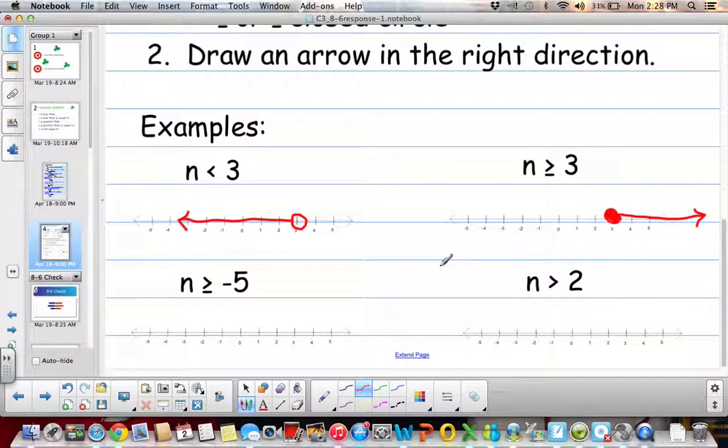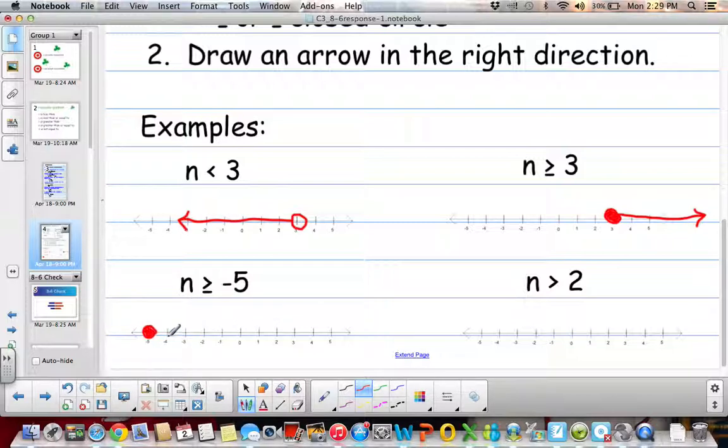It gets confusing when you have a negative number, like this one. We have n is greater than or equal to negative 5. It's greater than or equal to, so we're going to draw a closed circle. We have to think, it has to be any number that is greater than negative 5.